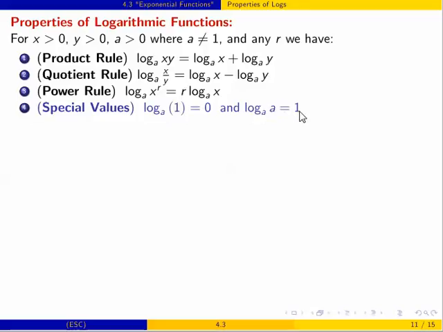And the last property is the inverse property, which says that the logarithm base a, when applied to an exponential expression with the same base, basically the logarithm and the base cancel each other. They're nemeses of each other, so these two cancel and you just get x. On the other hand, if you have a as a base and raise it to the power log, with the same base, then these two cancel each other and you get x.